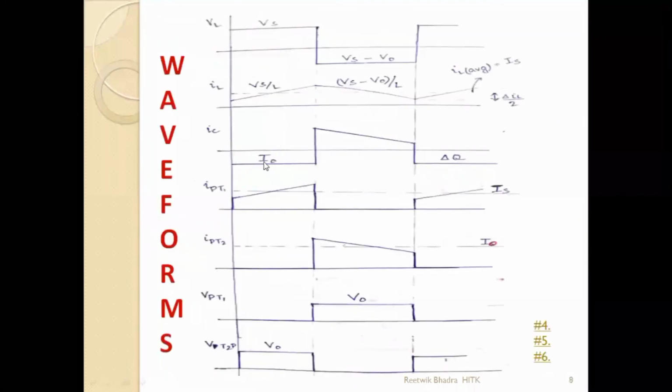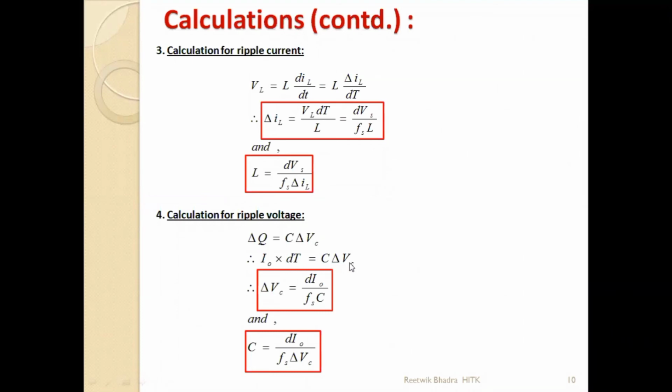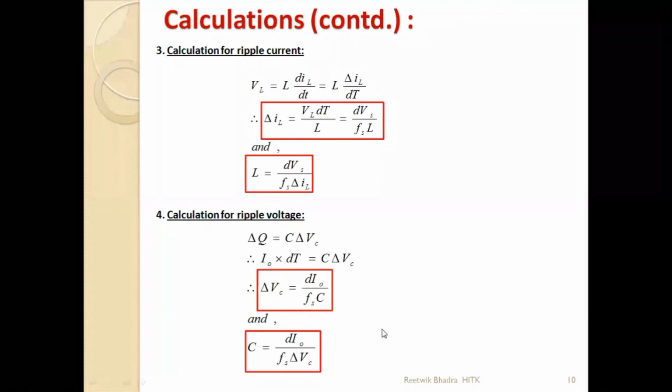During this period, what is my current? I naught, taking the magnitude. So instead of minus I naught, I should take plus I naught. Which period are we studying? DT. So I naught into DT is equal to C del Vc. So from here, del Vc can be written as I naught into DT by C, and T is nothing but 1 by f. So D I naught by C fs. From here, you can calculate your C.